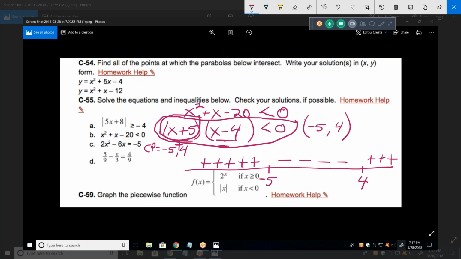Or do you use interval notation? No. Okay. Interval notation is if they ask me where that was positive, then my solution would be easier to read in interval notation. It's positive from minus infinity to minus 5 in union with, this is the beauty of interval notation, 4 to infinity.